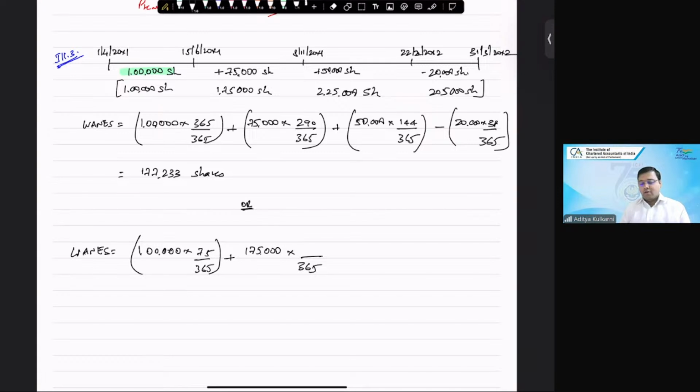Now we will have to calculate the number of days. From 15th June till 8th of November. 15 days June, 31, 31, 30 and then 8. I am getting 146 days. Are you also getting 146 days?